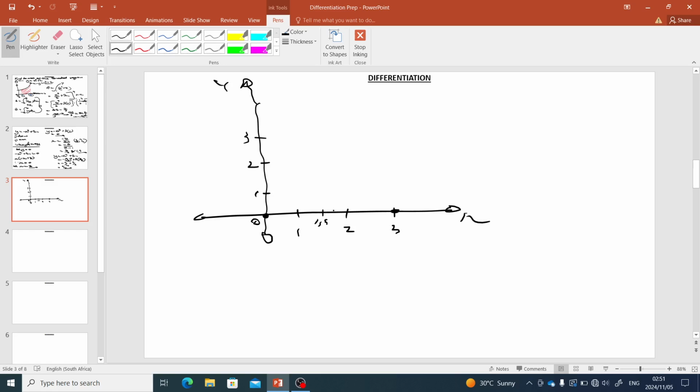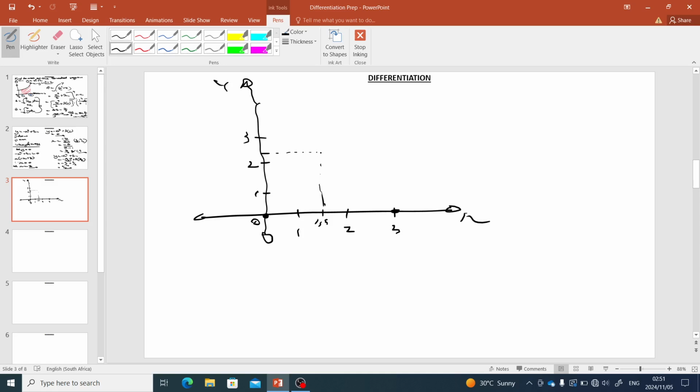Then our turning point on our y, we are having 9 divided by 4, which is one and the same thing as 2,25. Can we assume that our 2,25 is somewhere there? This is our turning point.